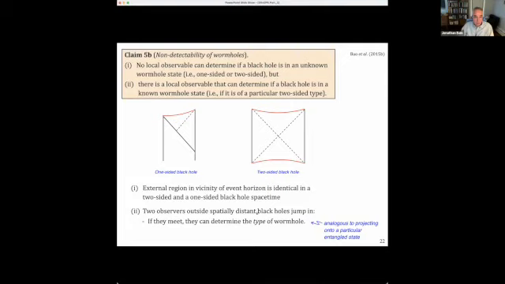But the additional claim of Bao and colleagues is that if they do meet, not only is this an indication that they're in a two-sided black hole spacetime, but they can actually determine the type of wormhole under a given classification scheme for wormhole states that we'll discuss in just a minute. And their point is that this second claim is analogous, in the entanglement case, to projecting onto a particular entangled state.